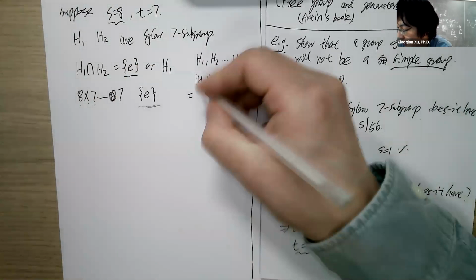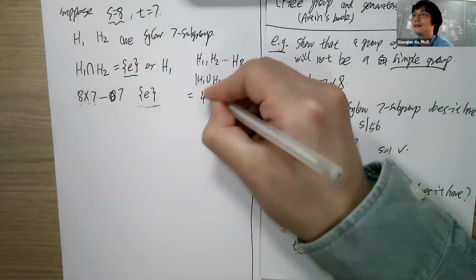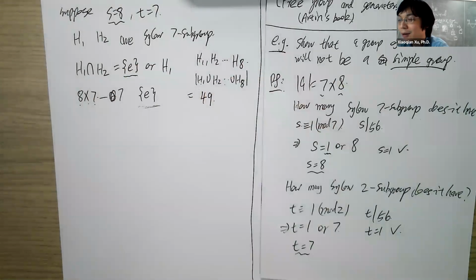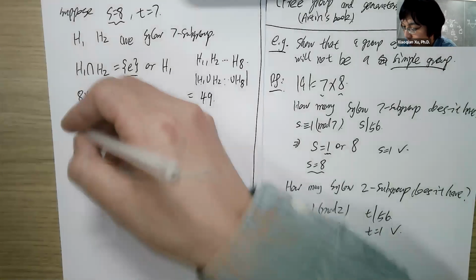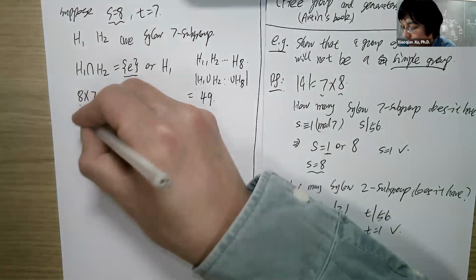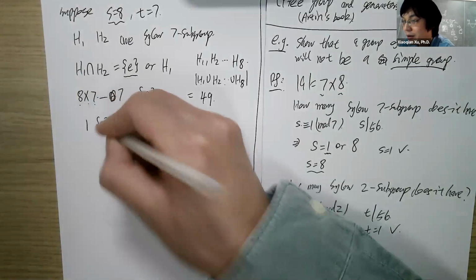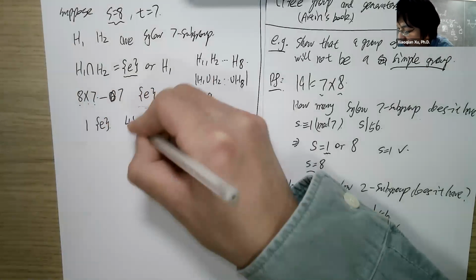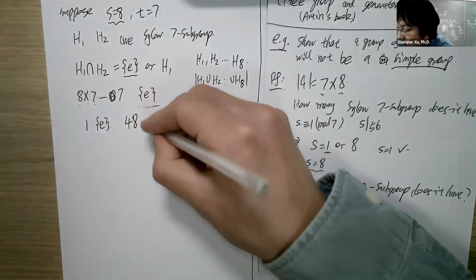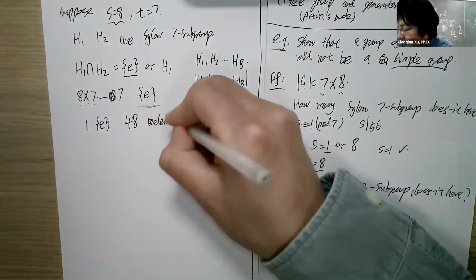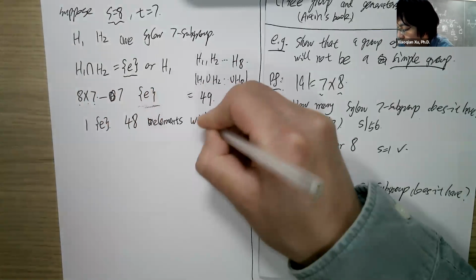So in total, you have 49 elements: 1 element E and 48 elements of order 7.